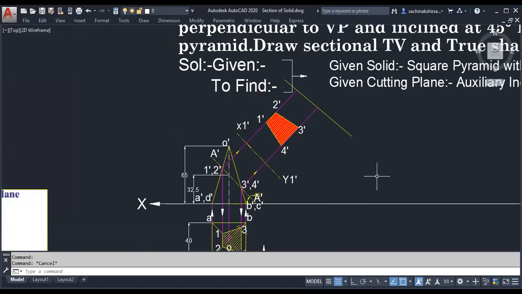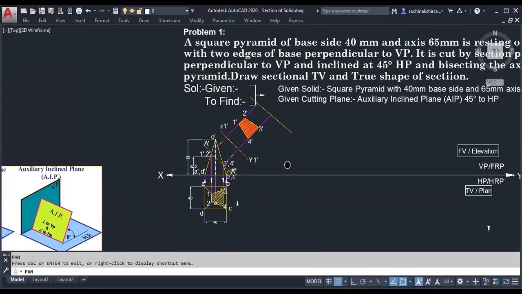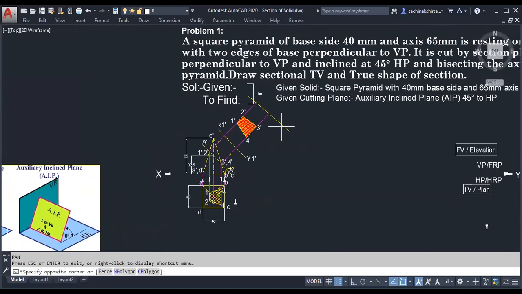So that will be our, what we have to say, true shape. So 1 dash 2 dash. So this will be our true shape. We can say this is your true shape. Have you understood? So true shape, have you understood?